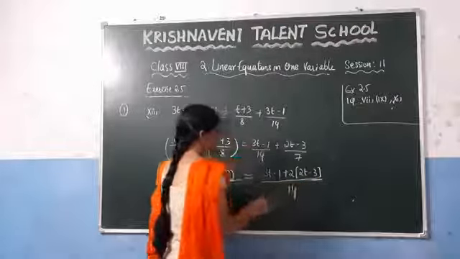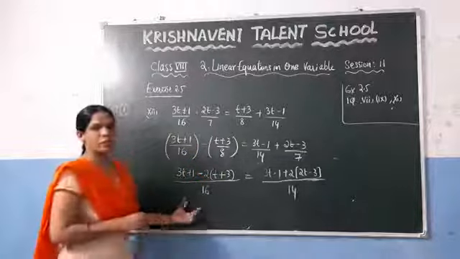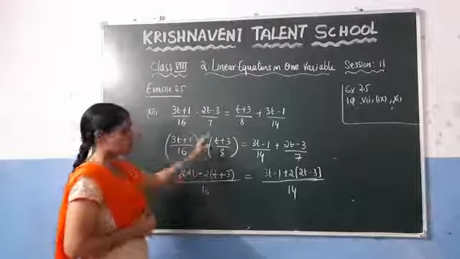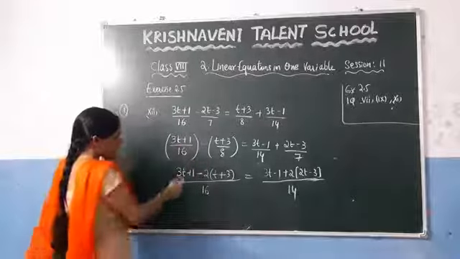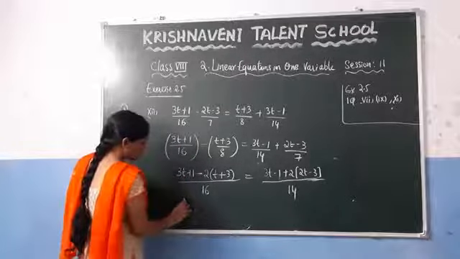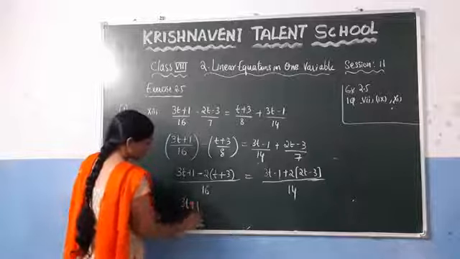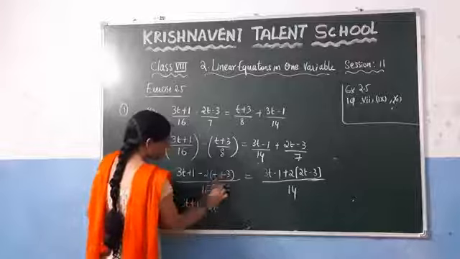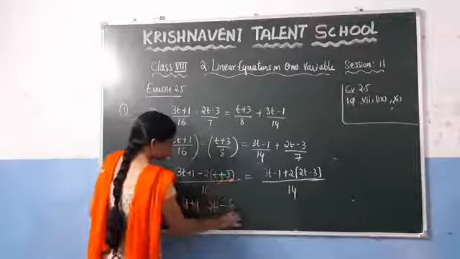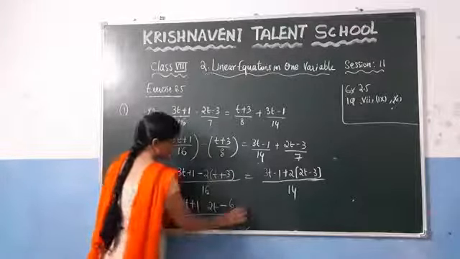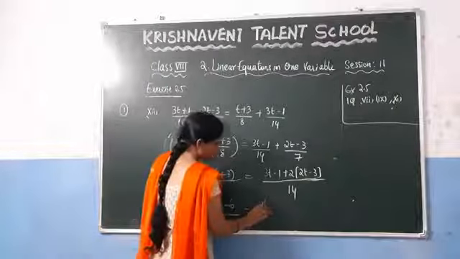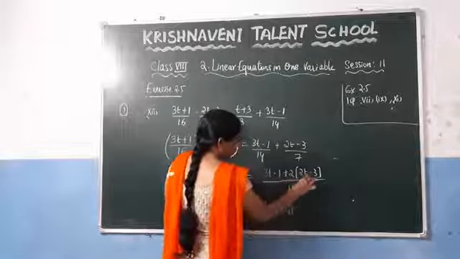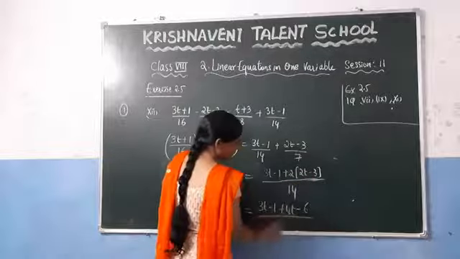So here you can observe that the simplification will become simpler if you take the LCM of 16 and 8 compared to that of 16 and 7. So here just multiply with what you get here, 3t plus 1, multiply with 2 this one, minus 2t plus into minus minus 3 into 2, which is 6, by 16 is equal to here 3t minus 1 plus 4t, right, plus into minus minus 6 by 14.